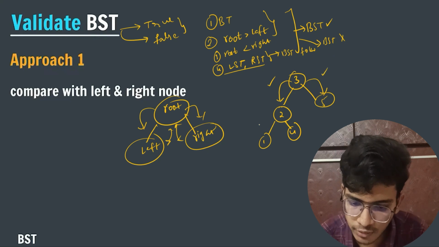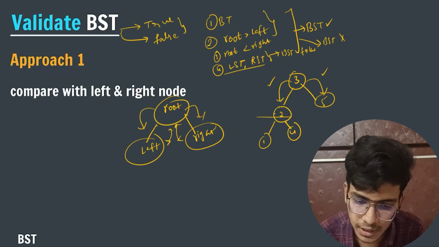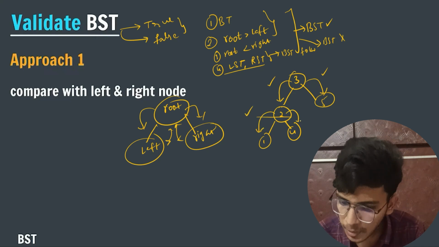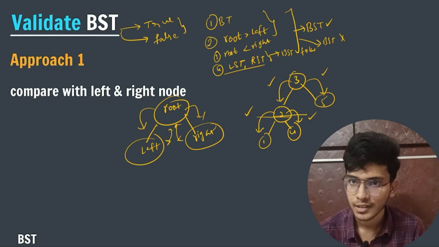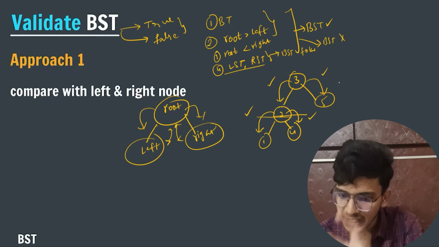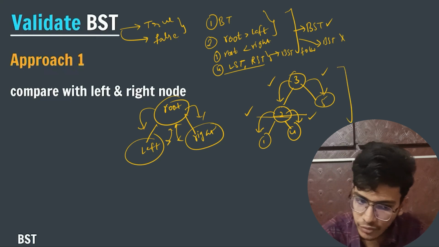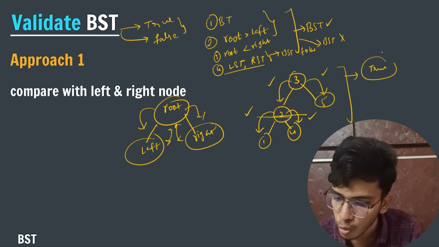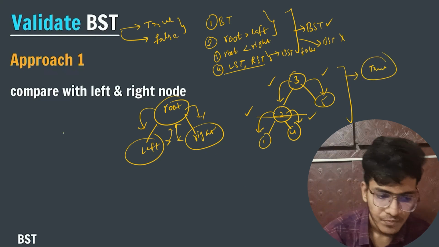Both are satisfied. Now I will check this particular node: the left part is less than the root node, good, and the right part, 5, is greater, good. So if I follow the first approach for this tree, my output will be true.